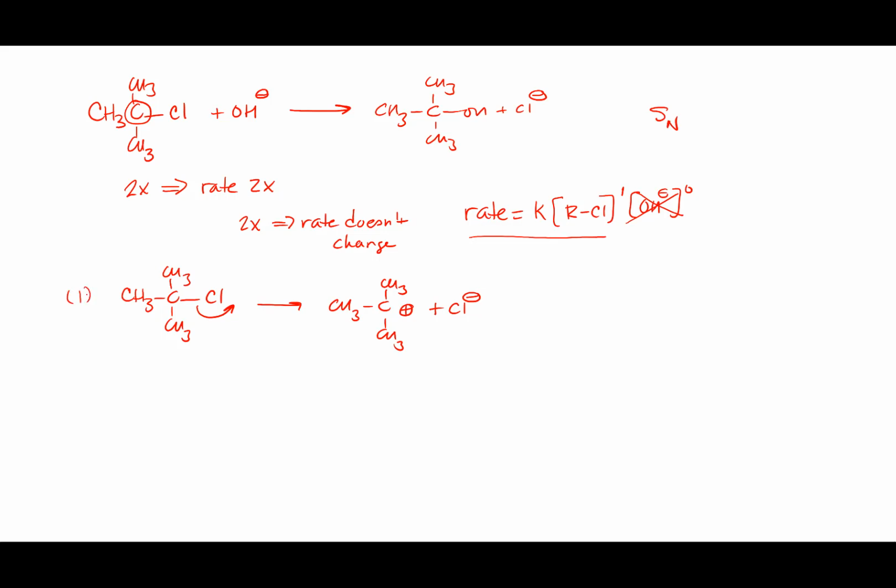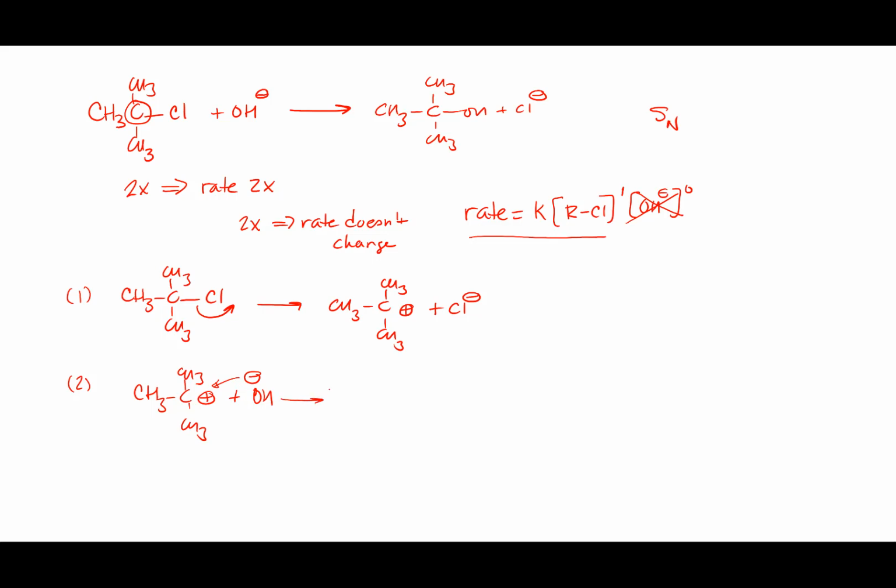That's elementary step 1. Then I say, okay, now that I have that carbon with the plus charge, my hydroxide then, being a nucleophile and having a pair of electrons that it can share, will come in and it will donate that pair of electrons.